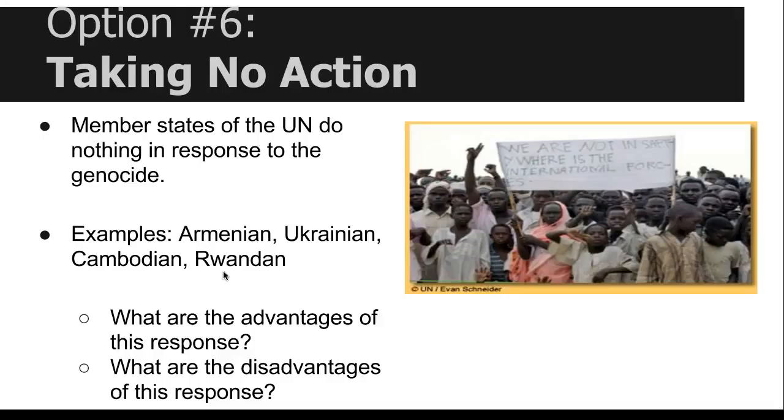Do they really want to intervene at all? Is it within their national interest to intervene? Because remember, that's still part of the conversation. This is an option that a lot of member countries have to think about before they go and intervene in a genocide. Even if morally they know they should, remember the reasons why countries intervene and why they don't.